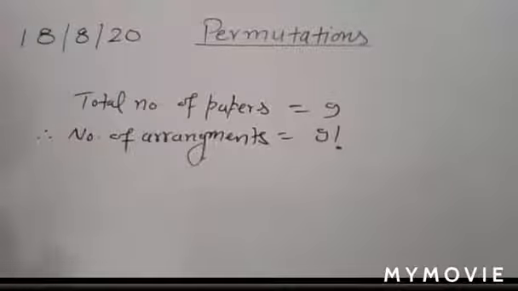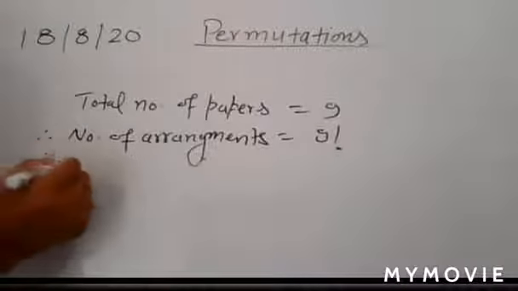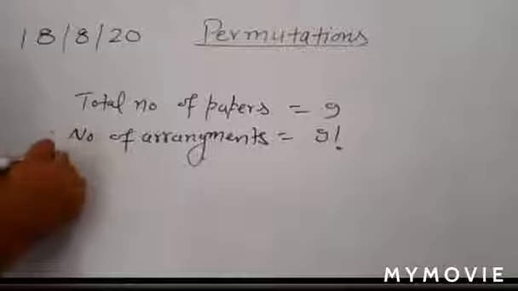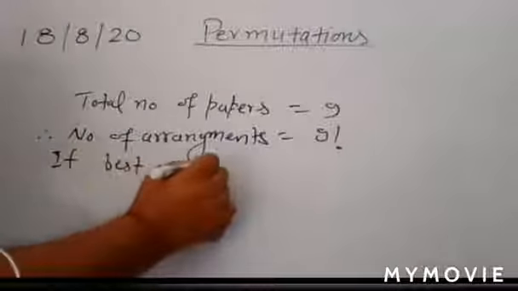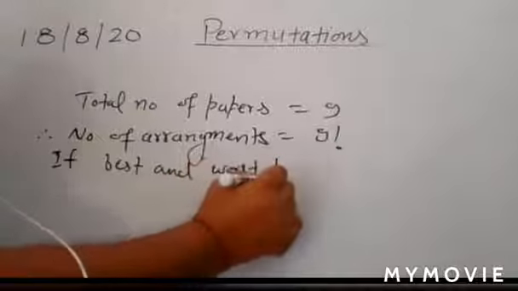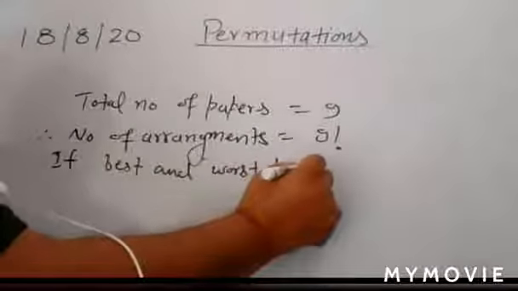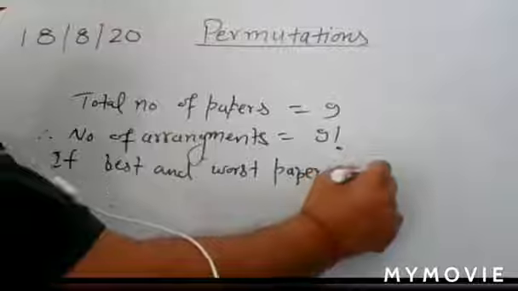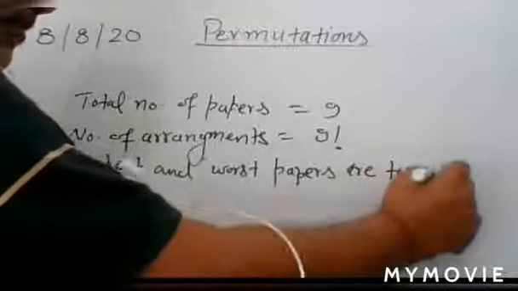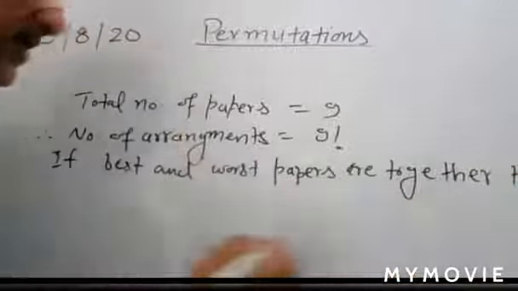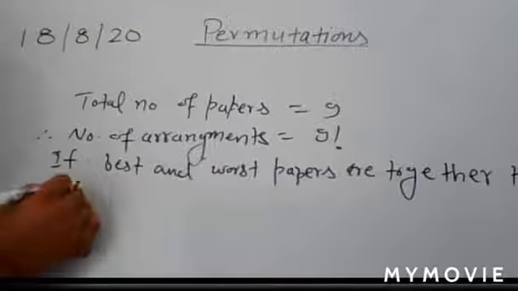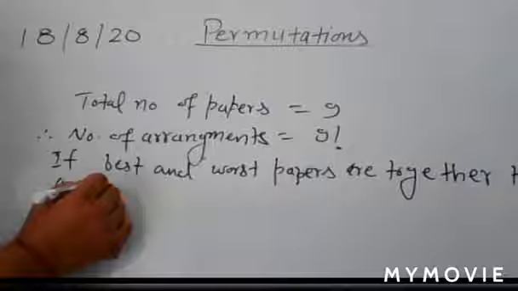and if they are together, they are treated as one paper. So you write, since if best and worst papers are together, they are treated as one paper.